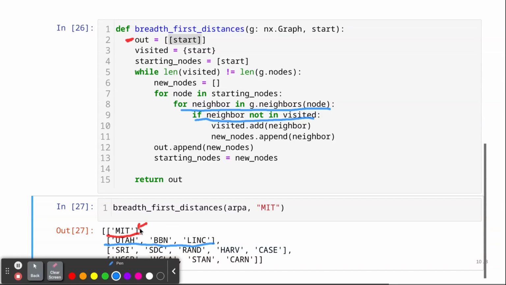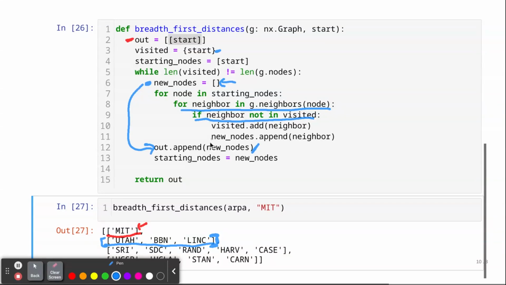And as long as that check passes, we'll mark that overall we've seen that node, and we'll add it to this new nodes list of items we're coming across for the first time. Now, this list of new nodes becomes the next element of our output. And so at this point, we will add the second list right here to our output.